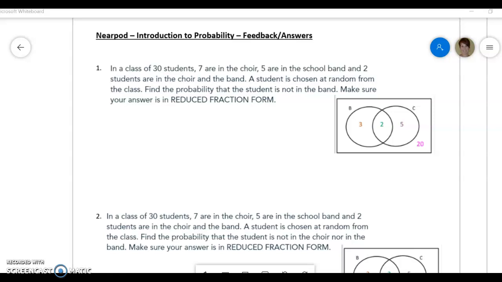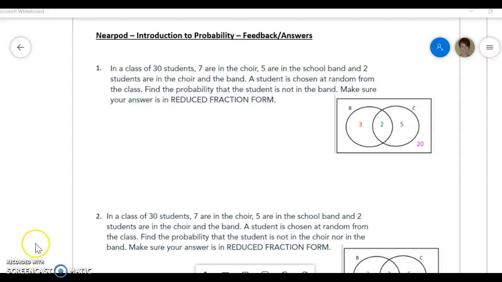So, the beginning of this unit really talks about probability and how it relates to Venn diagrams. So, if you look at number one, the Venn diagram, when it says there's 30 students, the first thing you always want to do is make sure that the numbers add up because eventually you might be making your own Venn diagram.